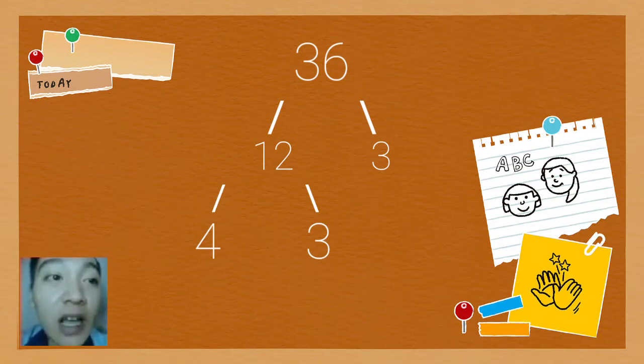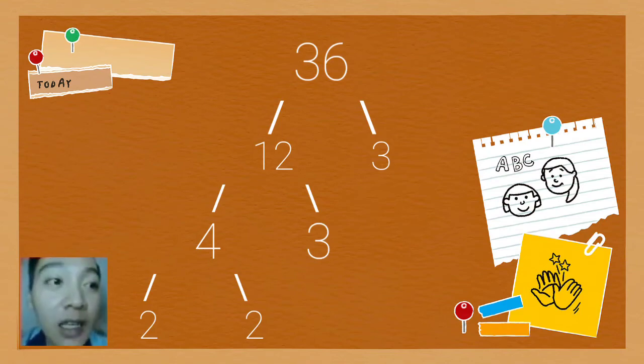So we're going to factorize the number 4 until it becomes a prime number. So the factor of 4 is 2 times 2. 2 times 2 is equal to 4. So we're going to write another line that serves as branches of our factor, and then write 2 and 2 at the end of that line.